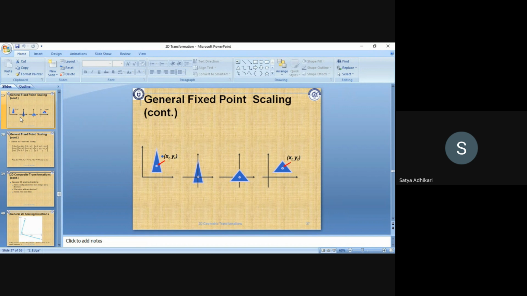I am telling you, fixed point means the position of this point will never change. The other points may change, but this point should remain at the fixed position.